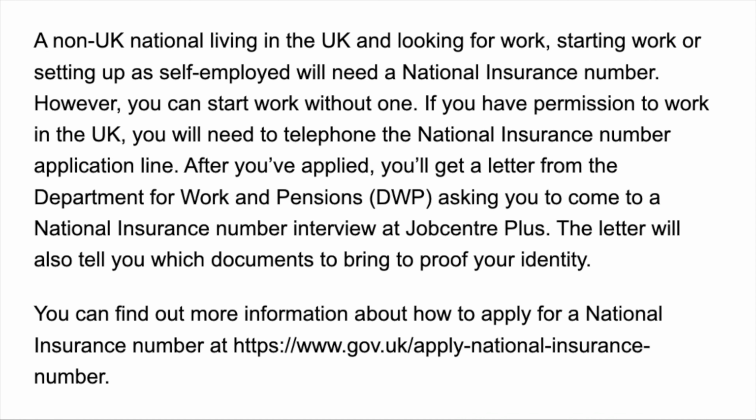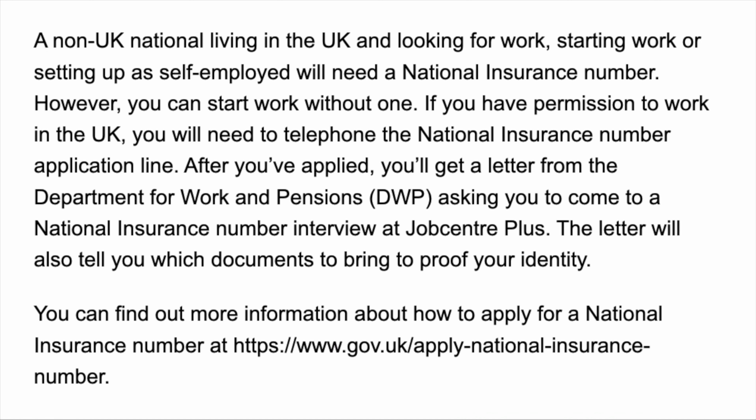If you have permission to work in the UK, you will need to telephone the National Insurance number application line. After you have applied, you will get a letter from the Department for Work and Pensions (DWP) asking you to come to a National Insurance number interview at Jobcentre Plus.